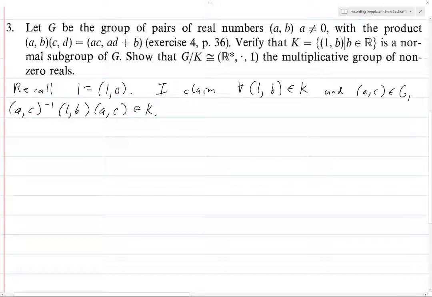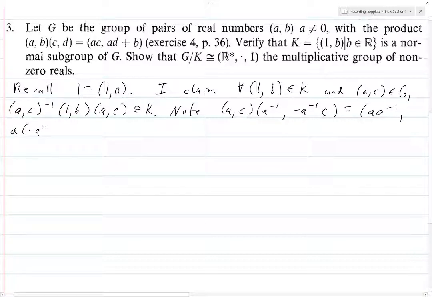So here, we also have to recall what (a, c) inverse is. I don't think we actually, we probably would have derived it in the proof that G is a group, but anyways, instead of showing you how to come up with it, I'm just going to verify that it is what it is, and you can think about how you would come up with this, but that would take time and energy, and I don't want to do that.